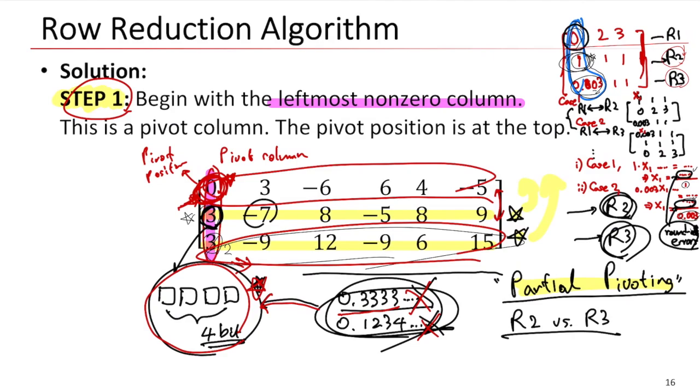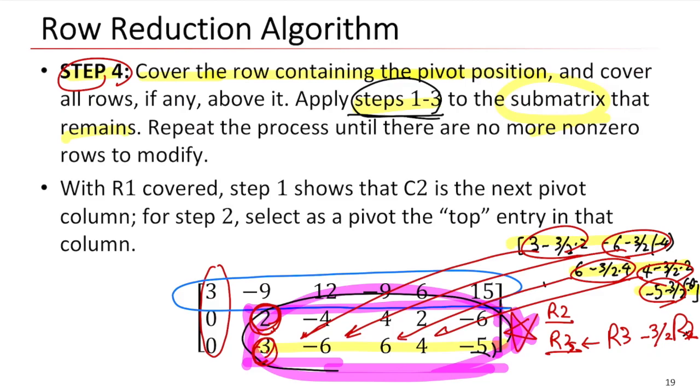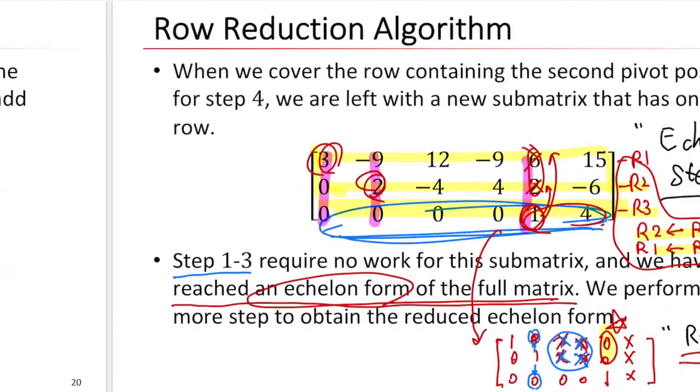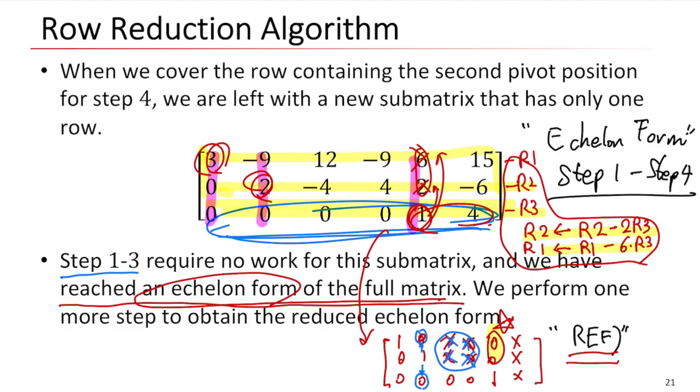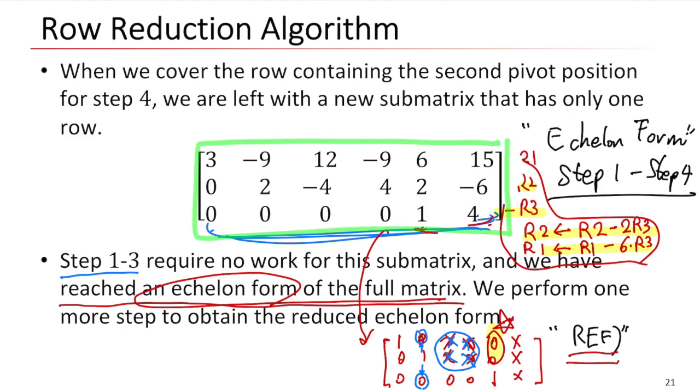We use a sequence of elementary row operations, something like this, right? So finally, we get the echelon form of the matrix A.